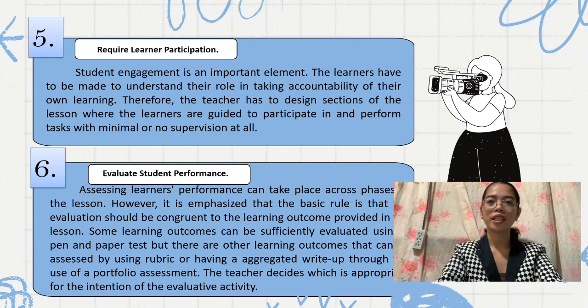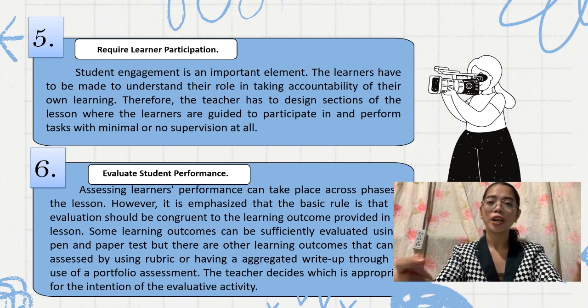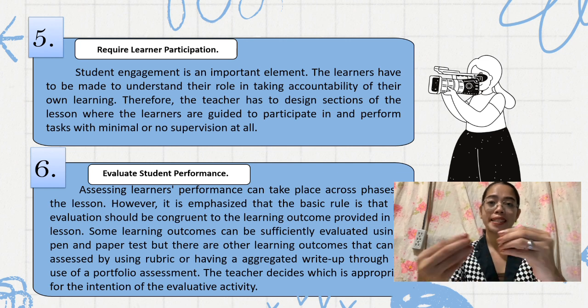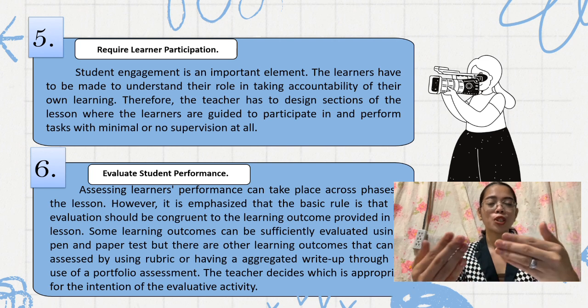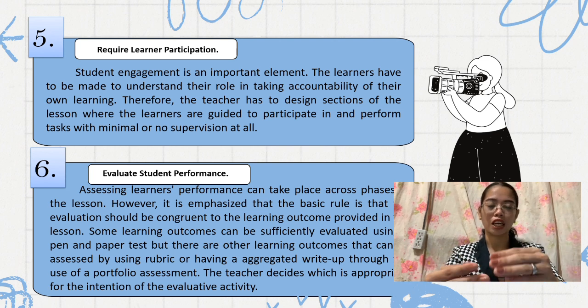Okay, the next one is the last one is the evaluate student performance. When you say evaluate student performance, is that we are going to assess the students' capabilities or the knowledge. We are going to measure the knowledge of our students after sa ato ang discussion.